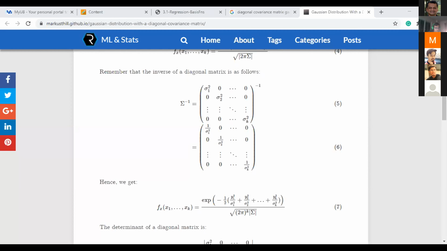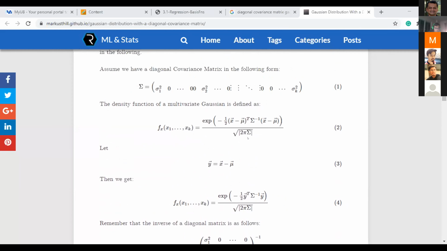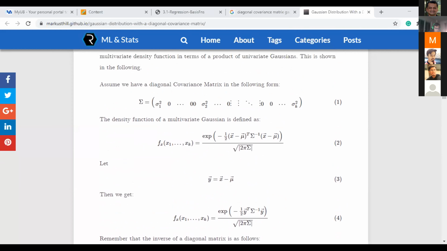So just save the code that we have and comment that, and if you're making any changes, just do that right below, so that we can go by. I'm just showing the mathematical part here. We have the x minus mu. This is the density function, using the diagonal covariance matrix.